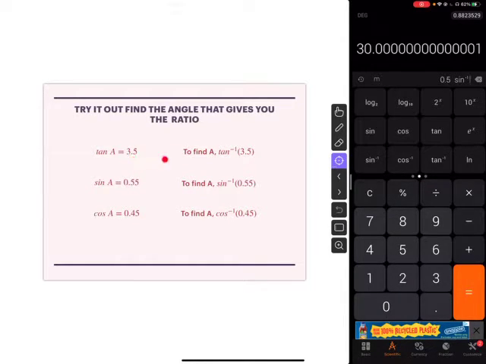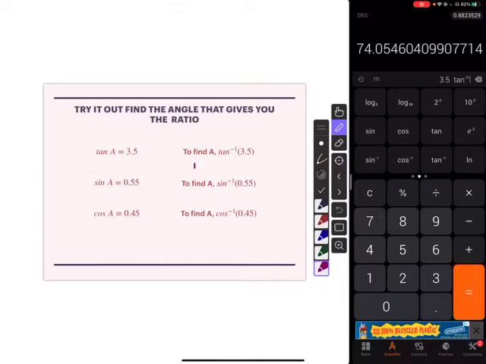So to undo it, we want to take the inverse tangent of 3.5, and that will map it back to the angle. On my calculator, I'm going to clear it, type in 3.5, and hit the inverse tangent button, and it tells me the angle. The measure of angle A must be 74.1, and that's in degrees.